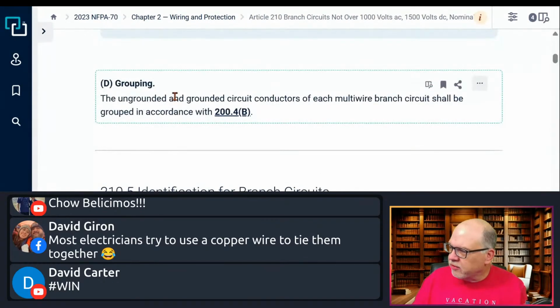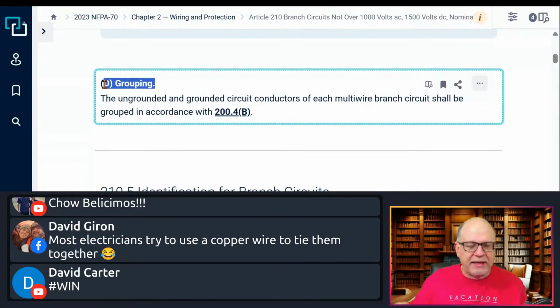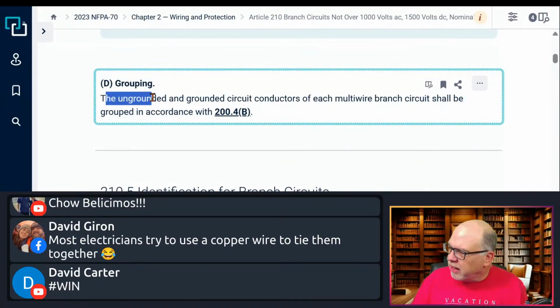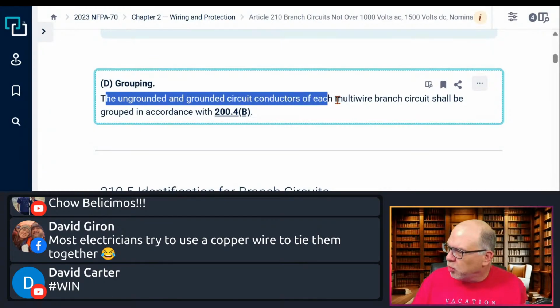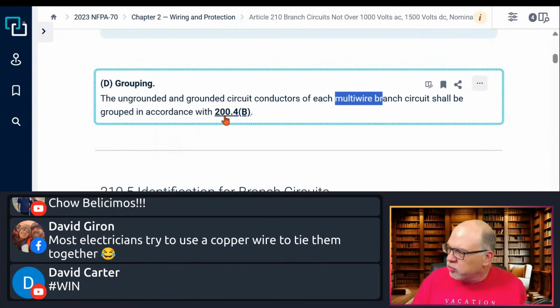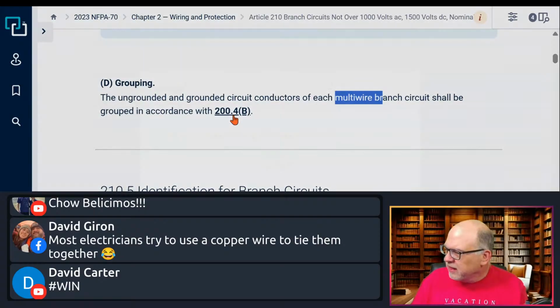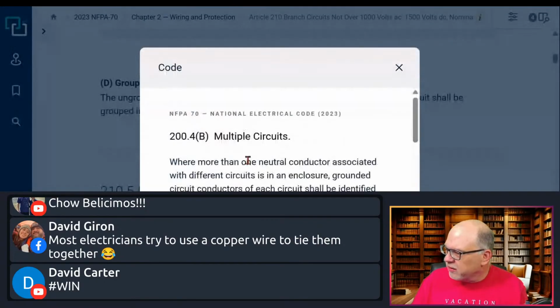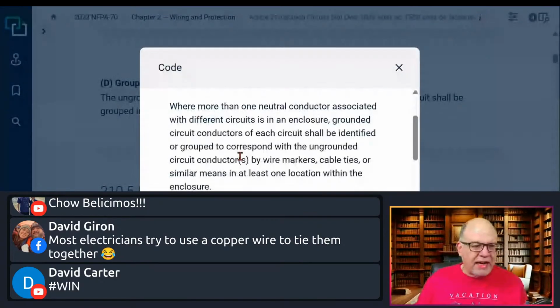Okay, now next is the grouping. We saw this. I explained it a minute ago. It says the ungrounded and grounded conductors of each multi-wire branch circuit shall be grouped in accordance with 200.4(B). And of course, that's this rule right here. And that's where we saw the handle ties.